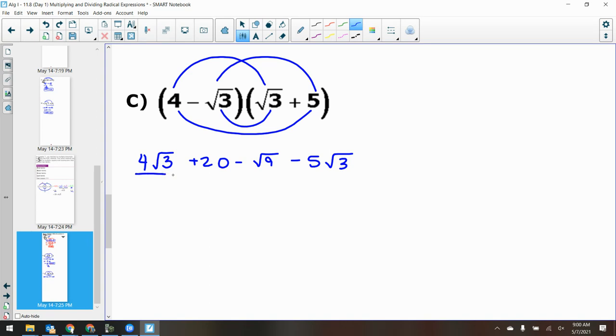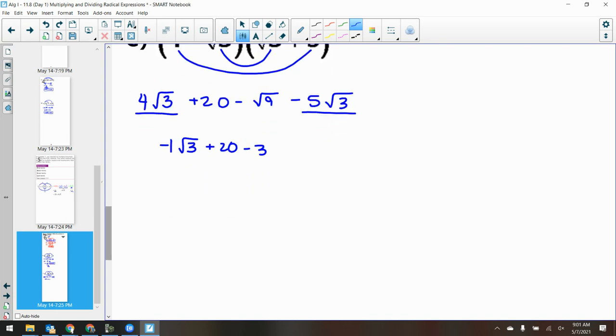Now my like terms are here and here. 4 minus 5 is negative 1 radical 3, plus 20 minus 3. The radical 9 becomes just a 3. And now this is negative 1 radical 3, or just negative radical 3 if you want to, plus 17. Or 17 minus radical 3. That would be fine.